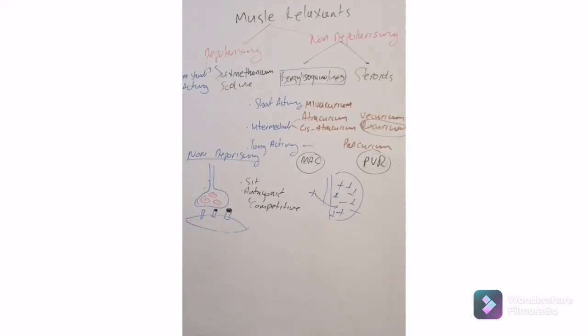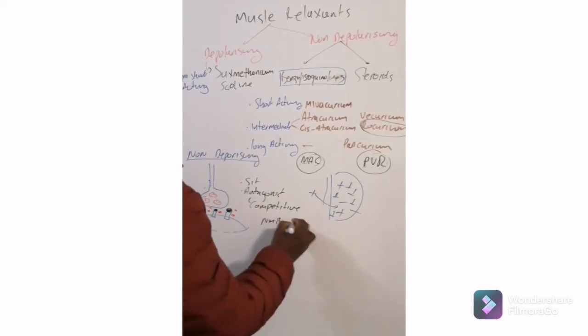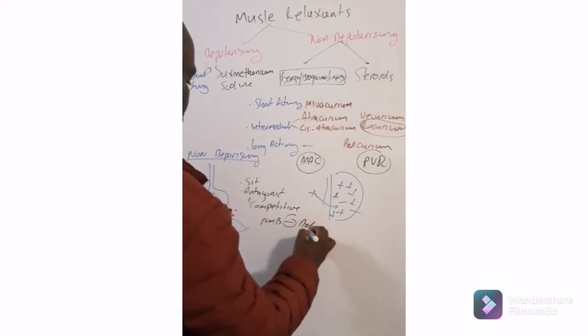So acetylcholine does not have a place to sit and will be wandering around because the receptor is occupied. That's what competitive antagonist means: these neuromuscular blockers compete with acetylcholine.